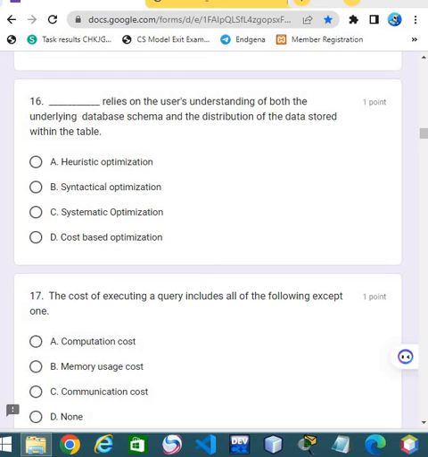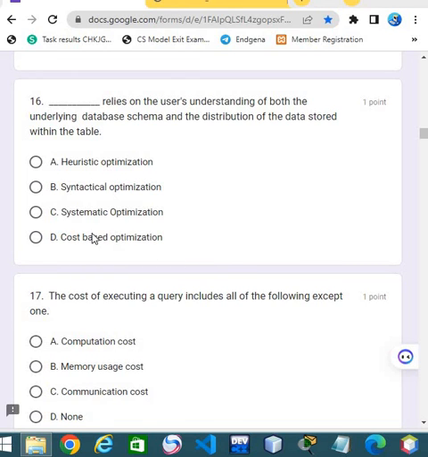Synthetical optimization refers to optimizing the syntax or structure of queries to improve performance.